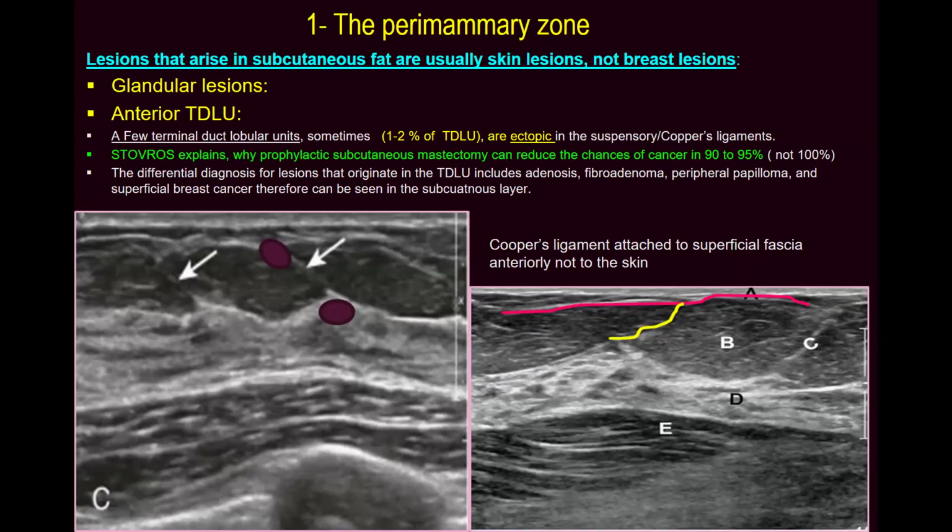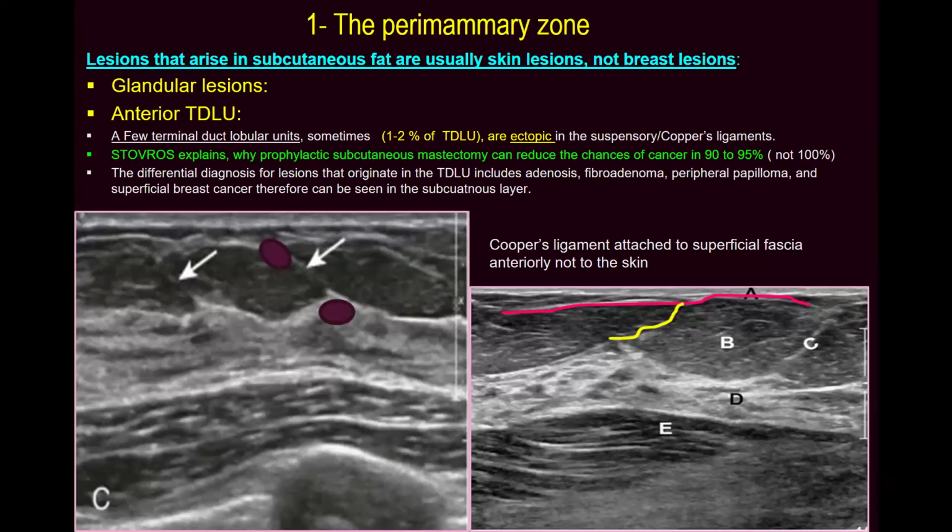Okay? So that is why Stavros explained why prophylactic subcutaneous mastectomy can reduce the chance of cancer in only 90 to 95%, not 100%, because there are ectopic TDLUs and cancer can still arise from these residual ectopic TDLUs.